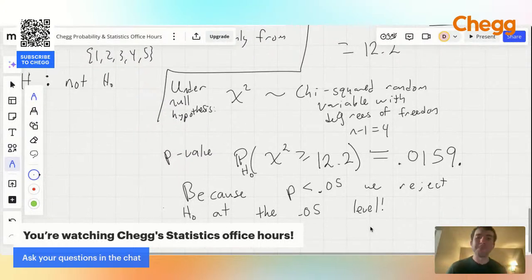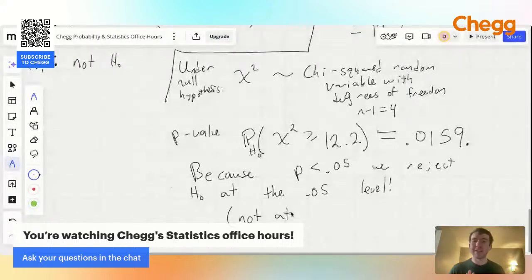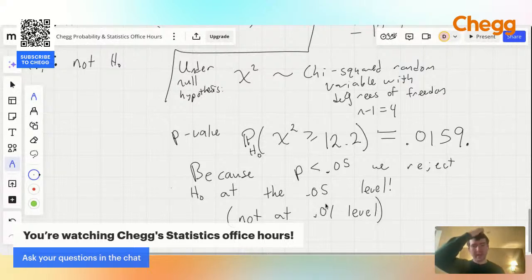Note that we actually wouldn't reject at the 0.01 level, which is stricter, requiring the p-value to be less than 0.01. But 0.05 is typically enough for most people. So we are going to reject the null hypothesis.